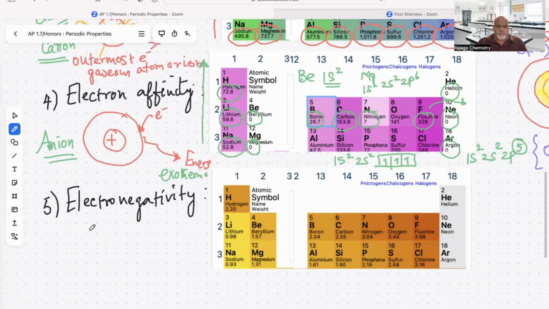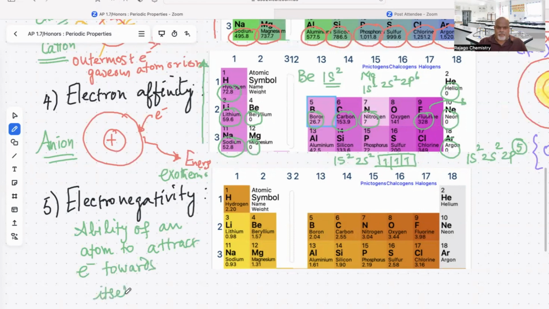Electronegativity is the ability of an atom to attract electrons towards itself. If you look at hydrogen, the value is 2.2. And all these rare gases don't even have electronegativity values because the shells are already full and they are not going to attract anything. So they don't form any compounds.